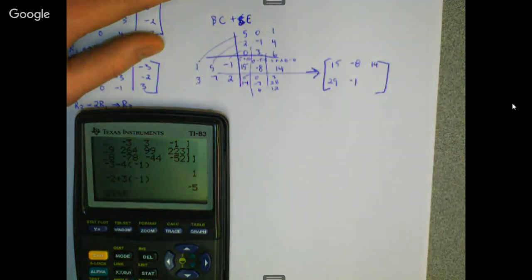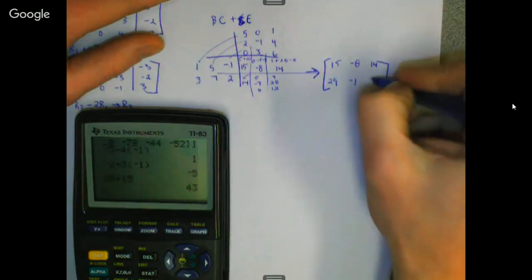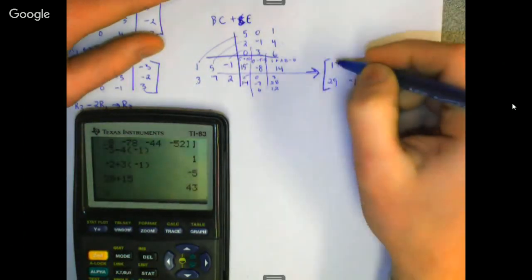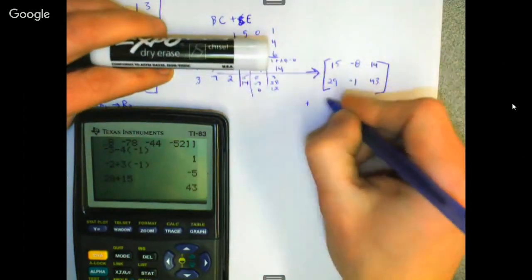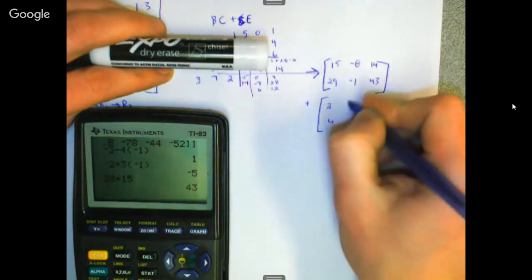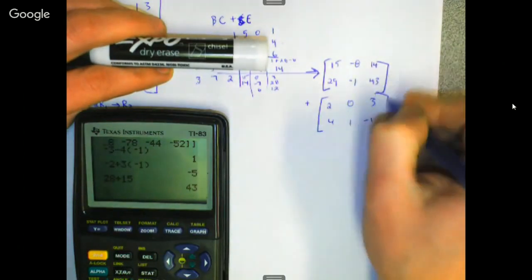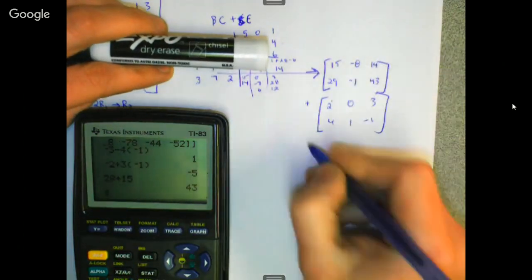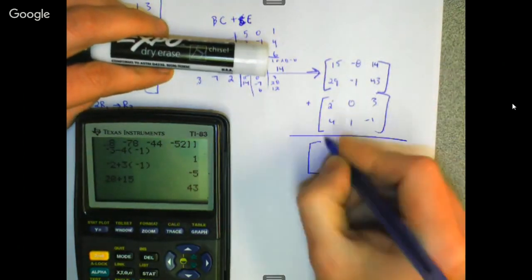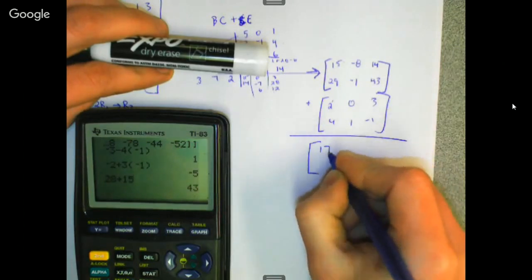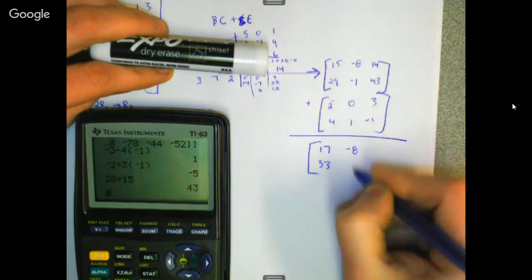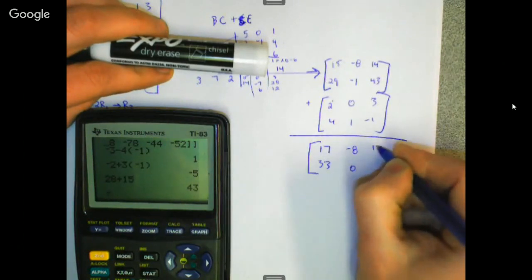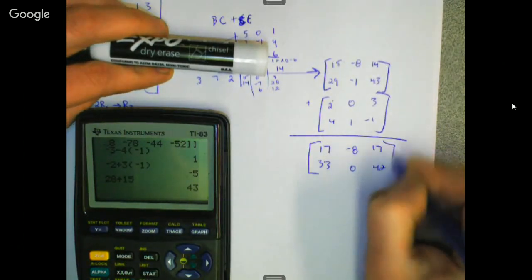So that's 28 and 15, which is 43. And then we need to add E to that. So plus 2, 4, 0, 1, 3, minus 1. And again, we just add the same locations. So 17, 33, negative 8, 0, 17, 42.